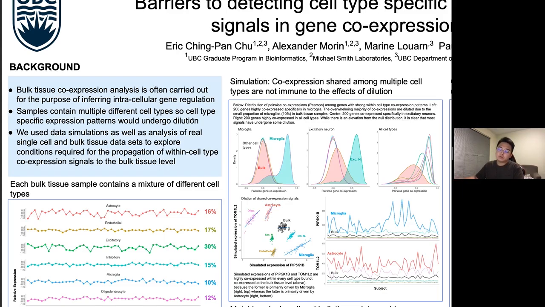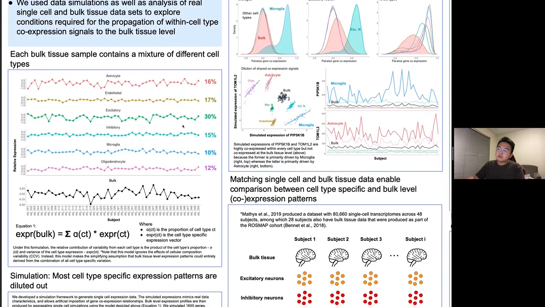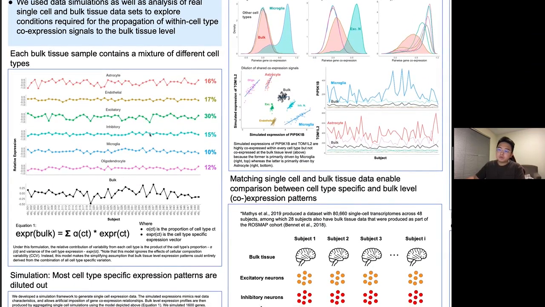And so to explore and quantify the dilution impact, I'm using a combination of data simulations in this work as well as analysis of real transcriptomics data. Here we propose a model that describes the relationship between bulk tissue expression profile and the underlying cell type specific expression profiles.